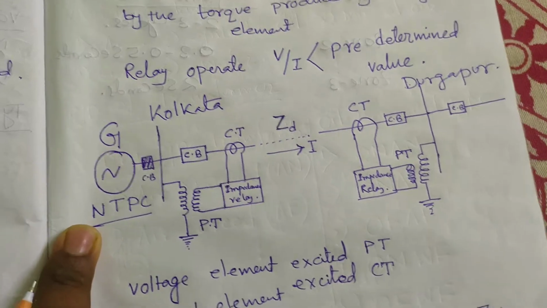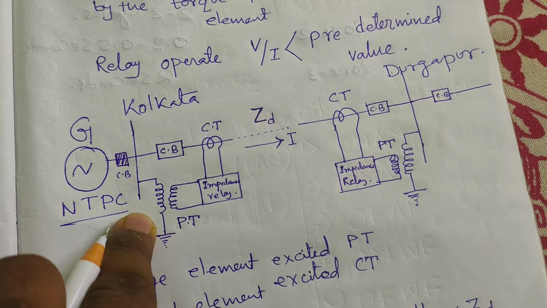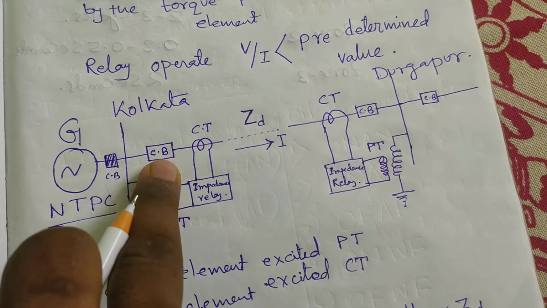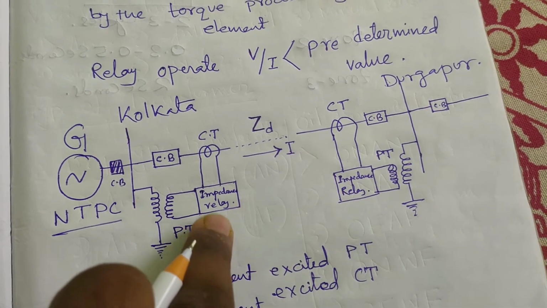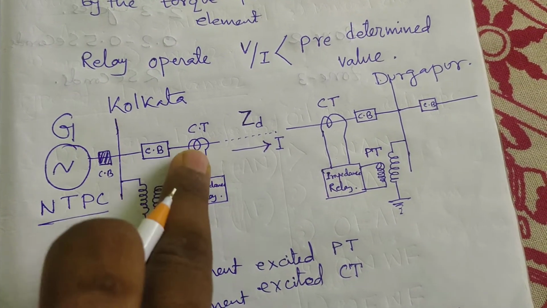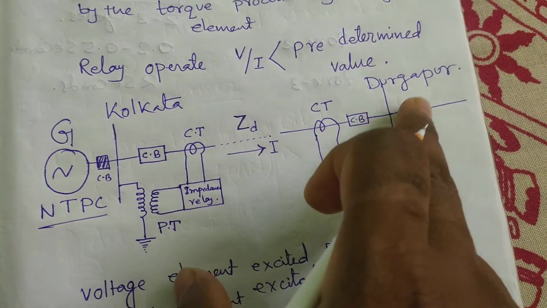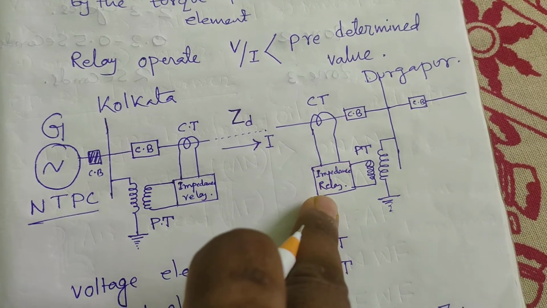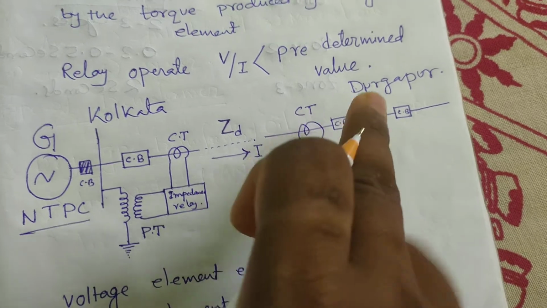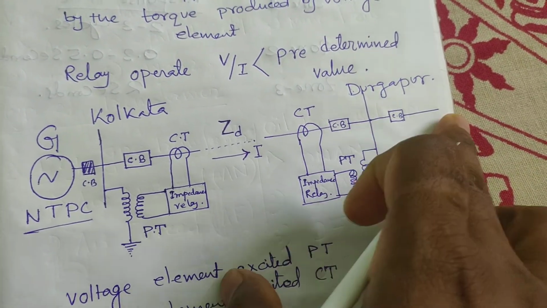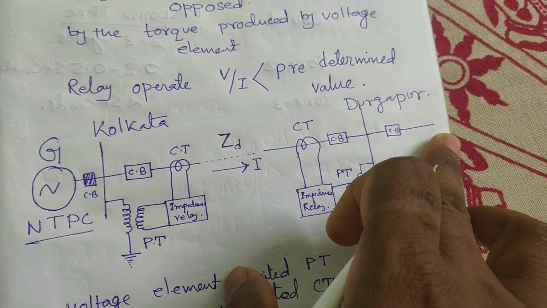From this NTPC power plant, the transmission line is feeding power to the Kolkata substation, and at the Kolkata substation a circuit breaker is present, CT and PT are also present, and the impedance relay, or distance relay, is connected as per the diagram. At the Durgapur substation there are also the impedance relay, potential transformers, current transformers, etc. And this line goes from the Durgapur substation towards Jharkhand or towards the Asansol substations.